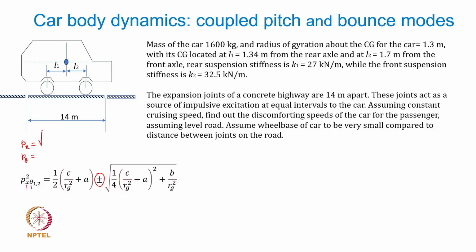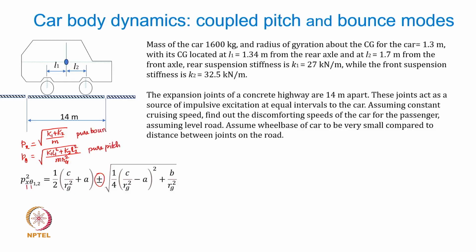By the way, this expression would be k1 plus k2 upon m, and this could be k1 L1 square plus k2 L2 square over m rg square, where rg is the radius of gyration. So this is the pure pitch mode natural frequency, and this is the pure bounce mode natural frequency.